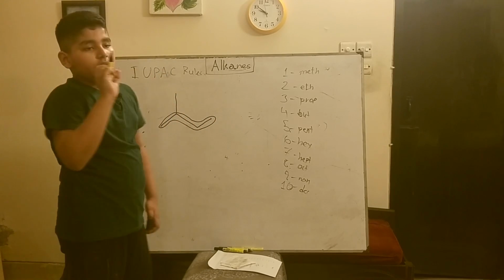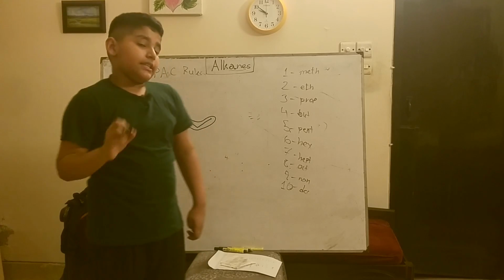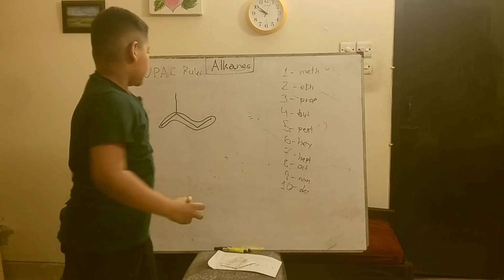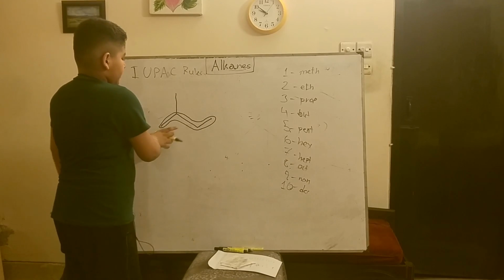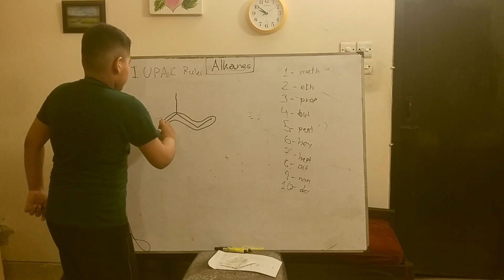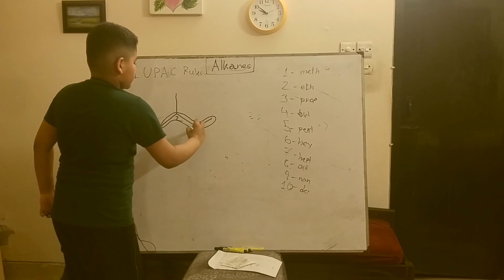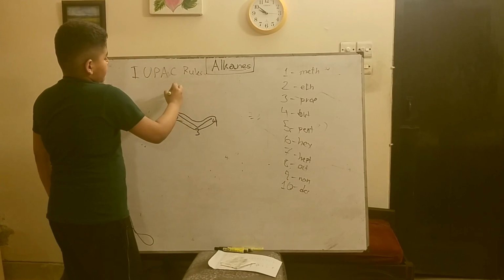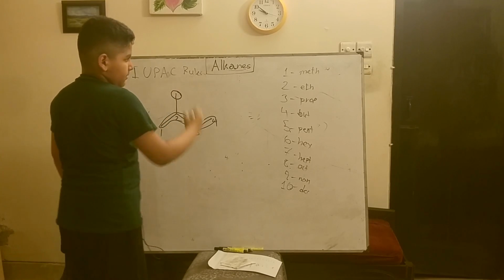And we have to number these carbon chains. And numbering them is very arbitrary, but you just have to go with it. So for this, we have to number from left to right. So we write 1, 2, 3, 4. And here is a methyl group.